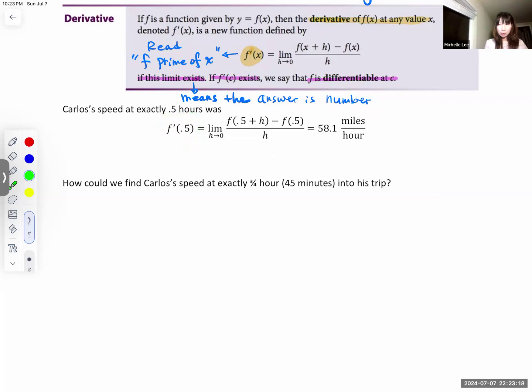Then we had 58.1 miles per hour, yeah? Okay, now, all right, so how could we find Carlos's speed at exactly 3 or 4 hours, 45 minutes into the trip?